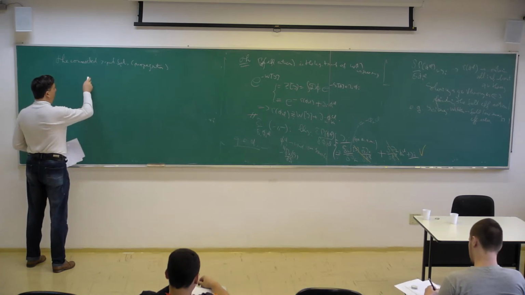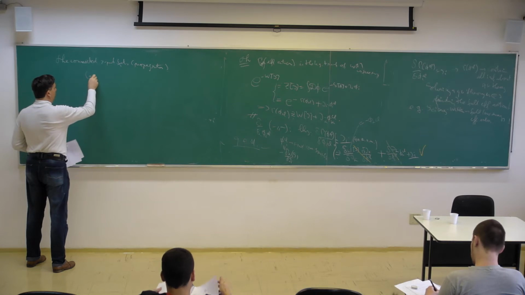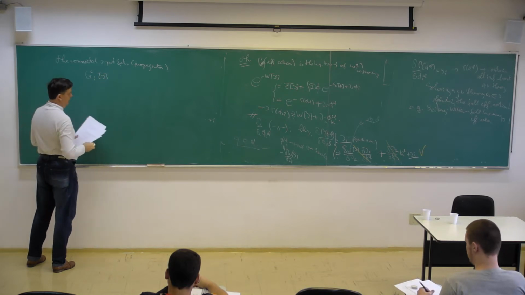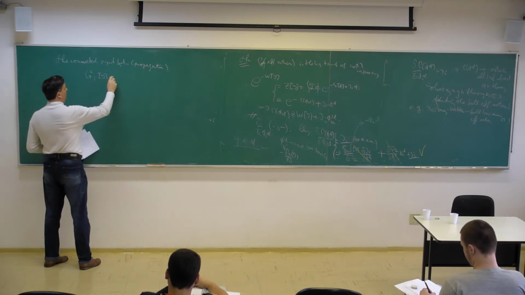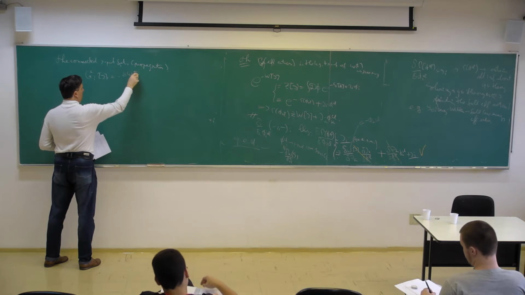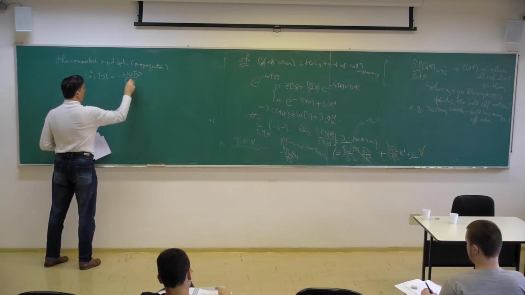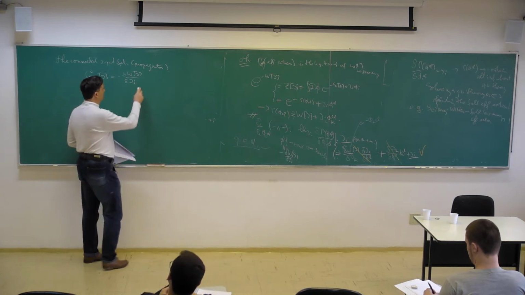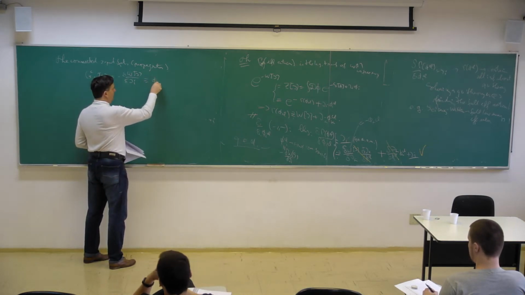So we saw that the connected one-point function, found by differentiating the generating function of minus W with respect to J, was called the classical field.